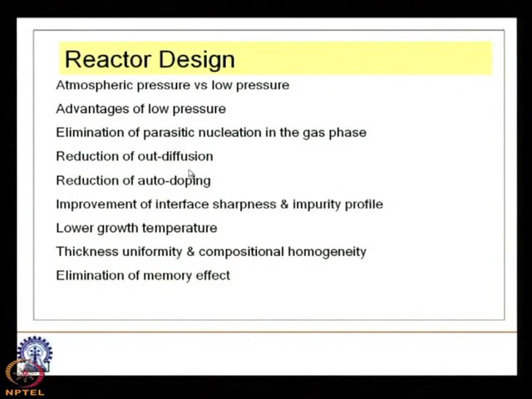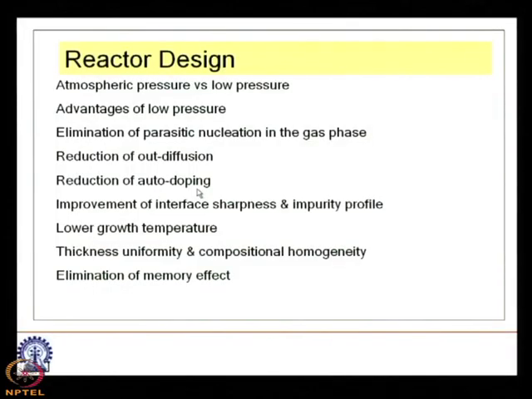What is out diffusion? Out diffusion means diffusion of something from the substrate. Say you use gallium arsenide, the diffusion of arsenic from gallium arsenide to the gas stream, that is out diffusion.